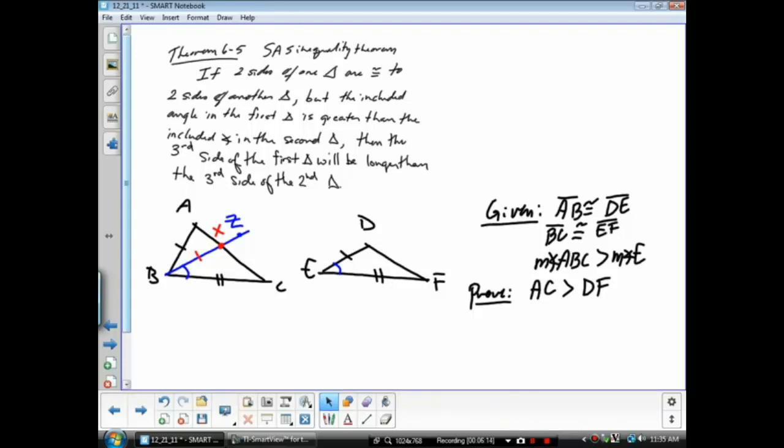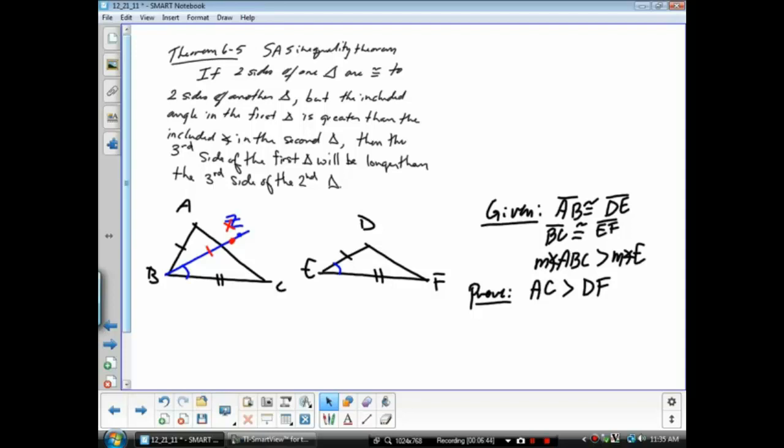The thing is X may be out here or maybe in here, okay? X will either be on AC or it will not be on AC. We're going to have to work with two cases because depending on where the opening of angle ABC is, that moves the point X around, okay?